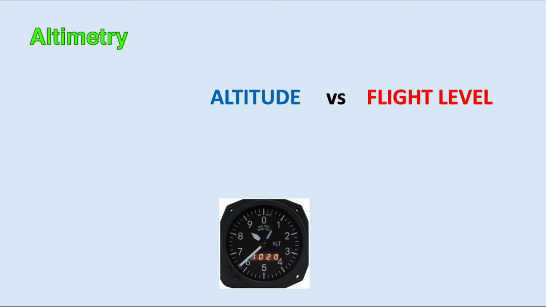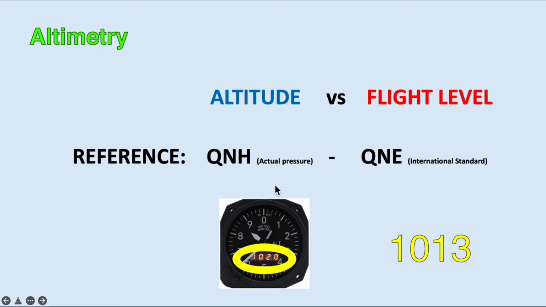So bear in mind the QNH is the actual pressure of the sea level in one specific area. When we bear in mind the QNH, we're talking about altitude, because it's a specific vertical distance between the plane and the sea level in one specific area of the world.